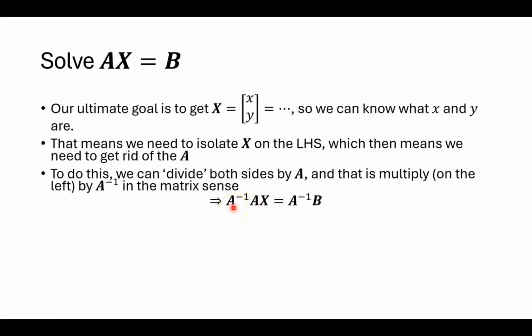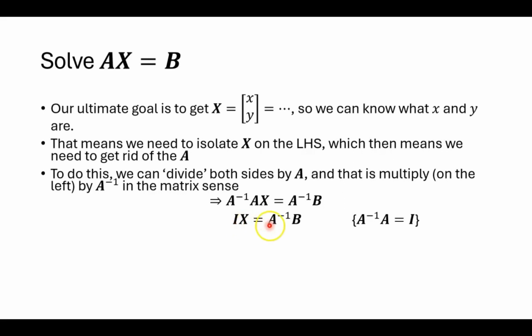You pre-multiply, so times it on the left by A inverse, because matrix multiplication is order dependent. If you multiply A inverse on the right, it won't cancel out with this A on the left, and you won't get the identity matrix back.